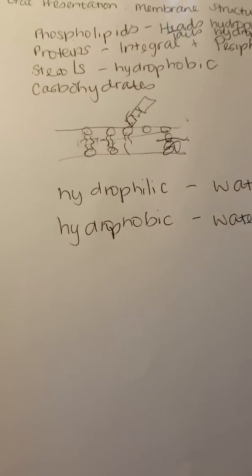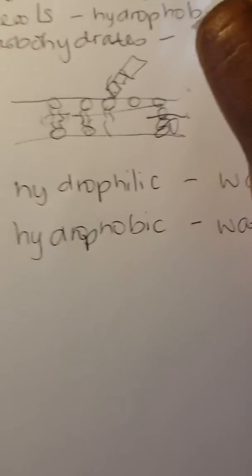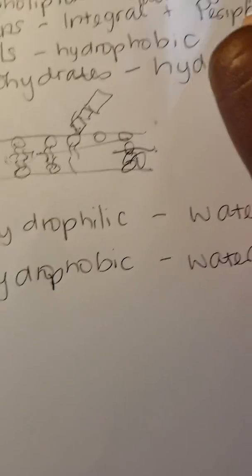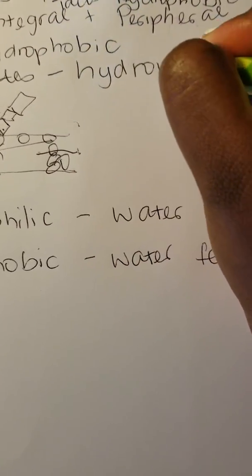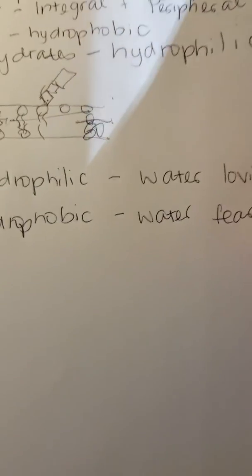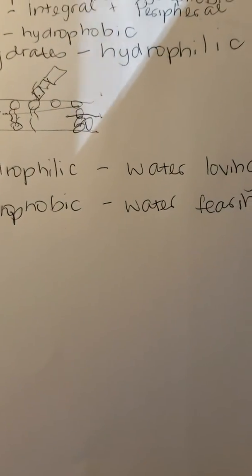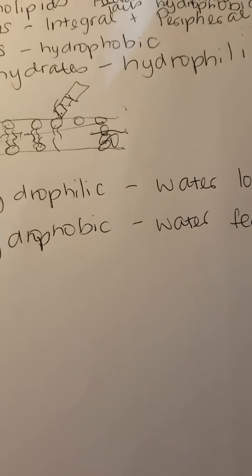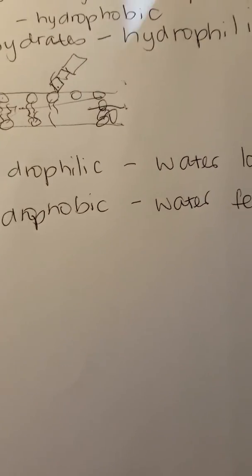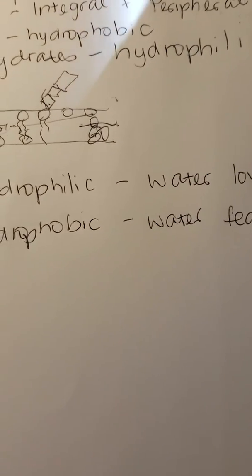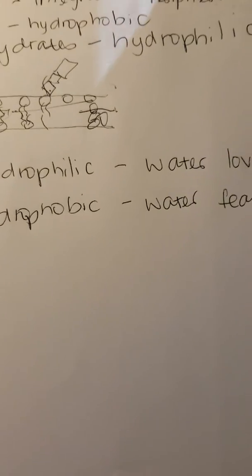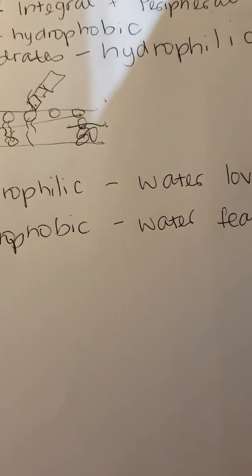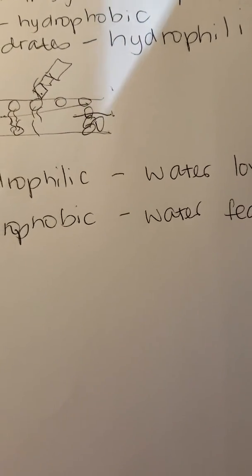So we have carbohydrates being hydrophilic. So now it has lateral movements. Flip flop across? Nope. So the location of these carbohydrates is the end of integral proteins outside the membrane.